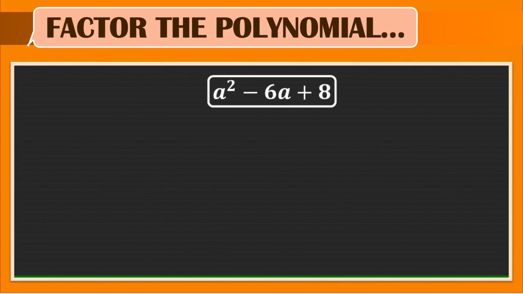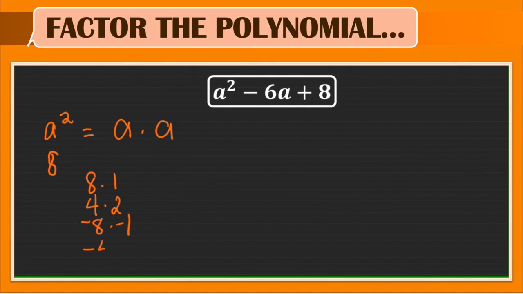The first thing that we have to do is to factor the leading term, a squared, and that is a times a. Then we will find the factors of 8. Again, we can have 8 times 1, 4 times 2, negative 8 times negative 1, and we can also have negative 4 times negative 2.